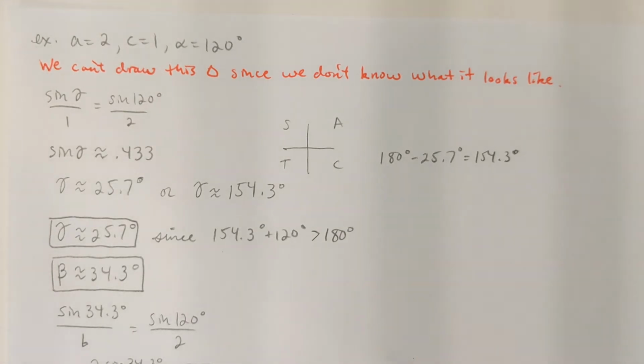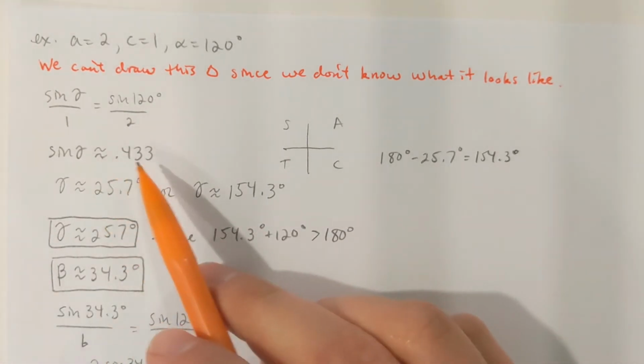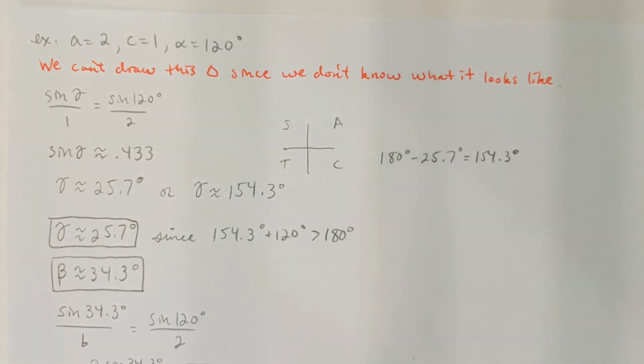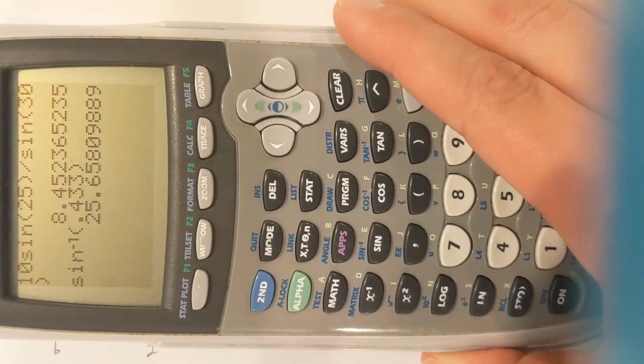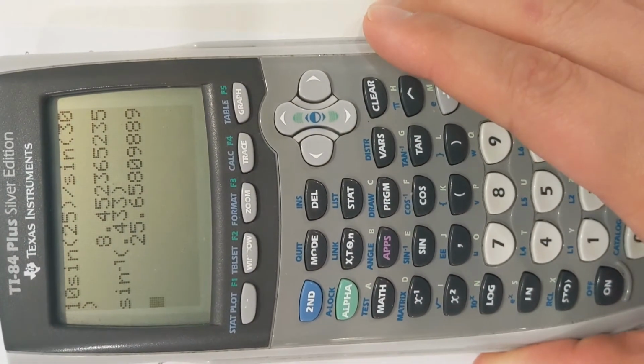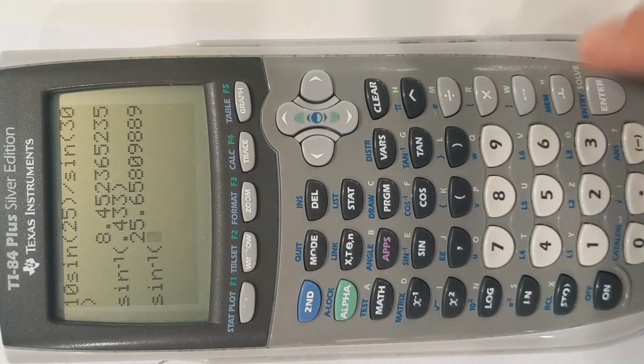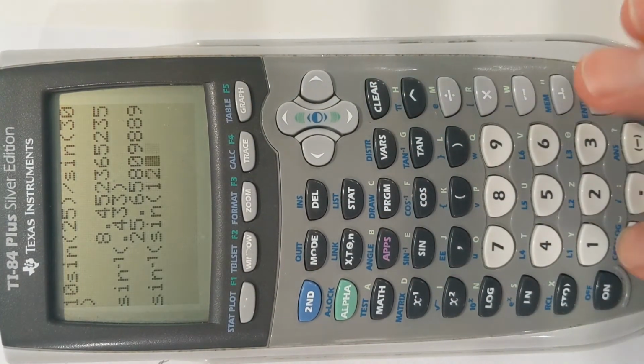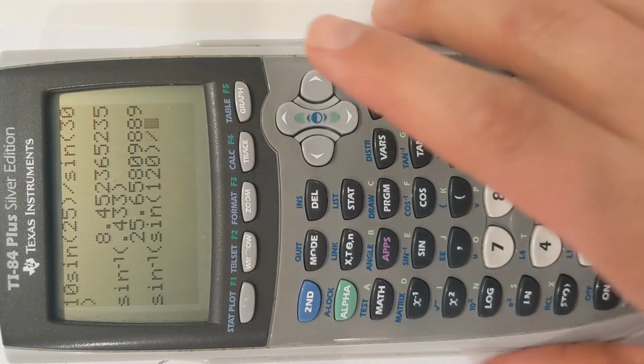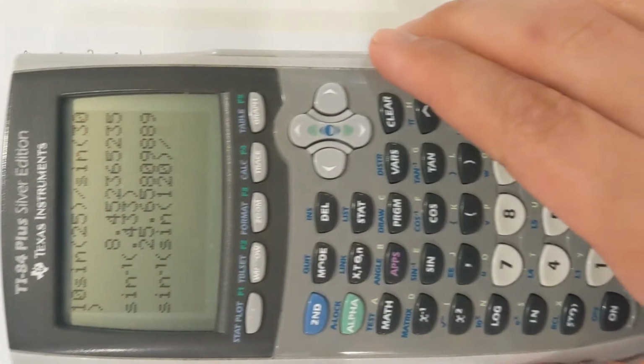So I'm taking sine inverse of both sides here. Sine inverse of sine of 120 degrees divided by 2.